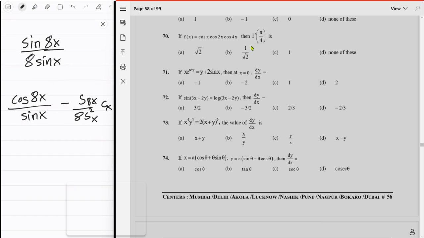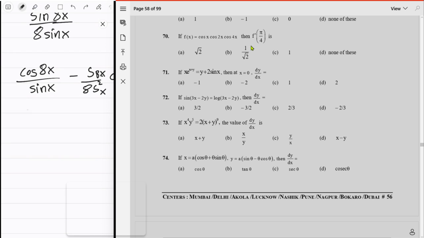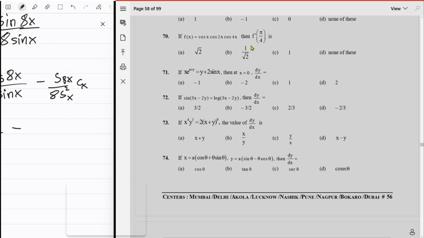So when you put x equal to pi upon 4, sine of pi upon 4 is just 1 upon square root of 2. So that on the top it just becomes square root of 8, and then cosine of 8 times pi upon 4, cosine of 2 pi, just 1, minus this thing. So sine square of x is just 1 upon 2. So this just becomes 1 upon 4 in that case.